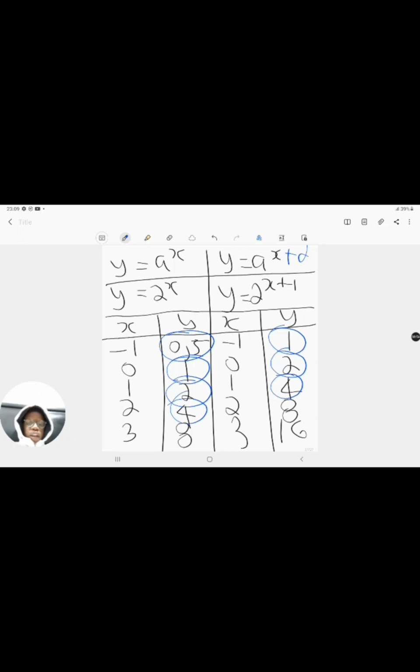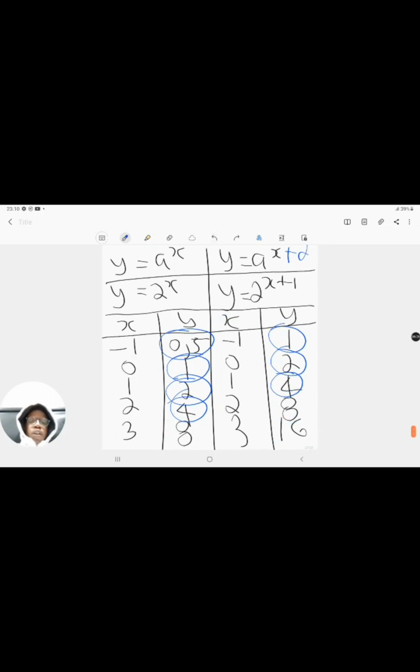Then we get 4 and 8, then 8 and 16. Now, what is happening here? You will notice that the values of y for the amended equation are 2 times the values of y for the original graph. That's just an observation that I am making.